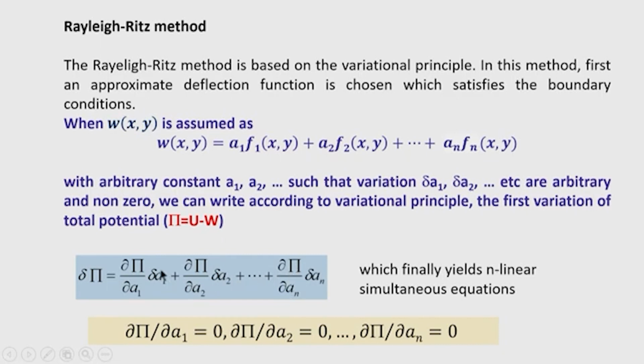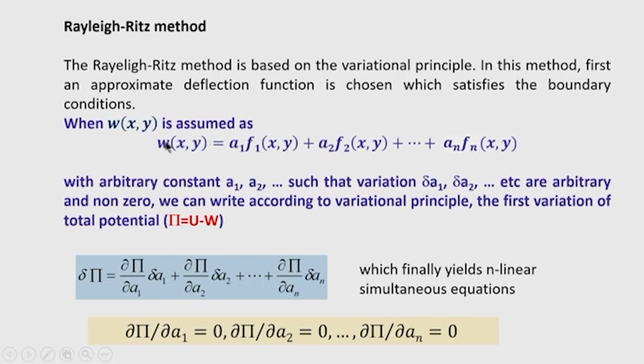Here delta A 1, delta A 2 etcetera are actually arbitrary variations of the coefficients that are used in assuming the deflection function.